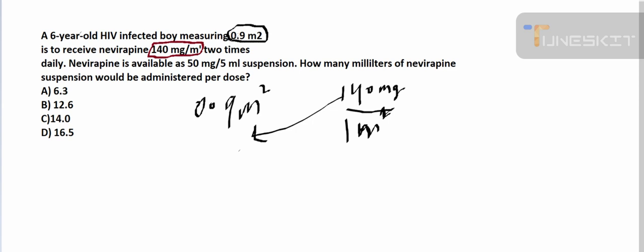It is 0.1 unit less than 1 meter square. So for 1 complete meter square, the dose is 140 mg. Let's suppose there are smaller 10 units in a complete meter square, like 0.1, 0.2, up to 1.0. There are 10 smaller units.